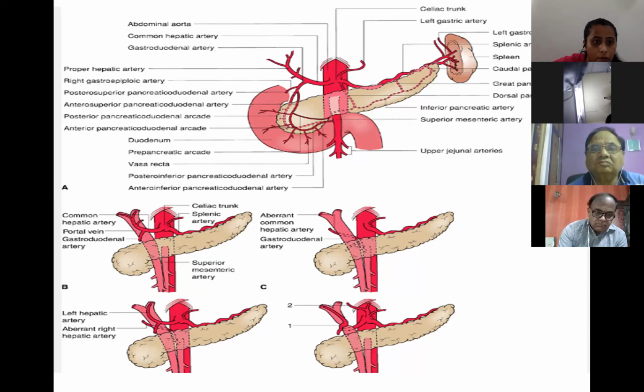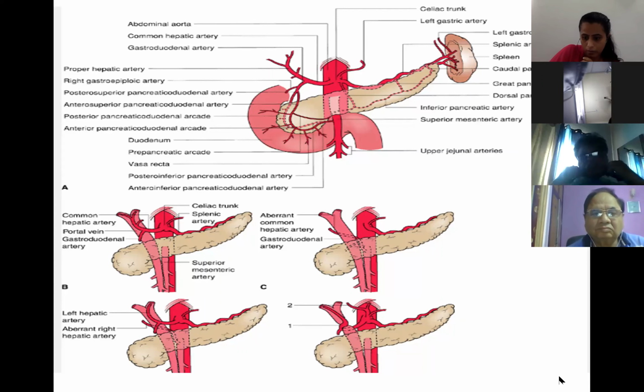The superior pancreaticoduodenal arteries, and the inferior pancreaticoduodenal arteries which come from the superior mesenteric artery, anastomose together and form a rich plexus of vessels on the anterior and posterior surface of the duodenum. In addition to that, you have vessels which come from the splenic artery.